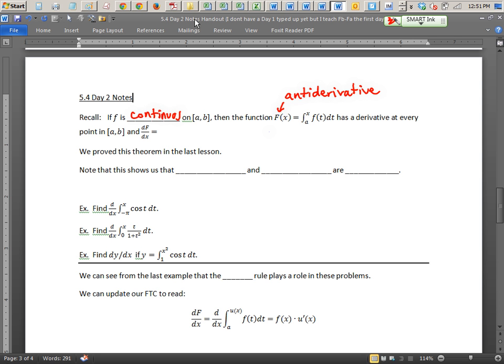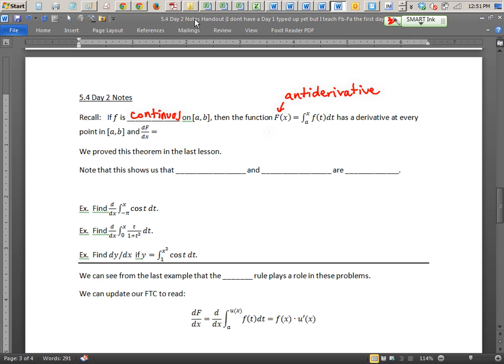In the case of a polynomial, F would be like x cubed, and the little f would be like 3x squared. It has less degree. So capital F is the antiderivative, little f is the derivative.